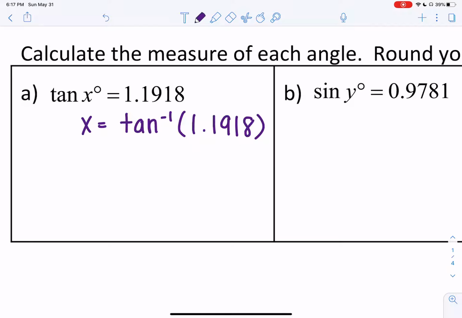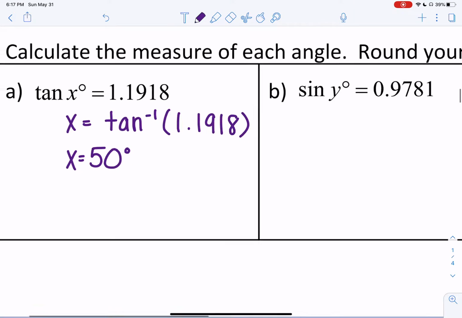So now what I'm going to do is I'm literally just going to type in tan inverse of 1.1918. And then we get 50 degrees. For our angles, we're just going to round it to the nearest degree, so whole numbers.